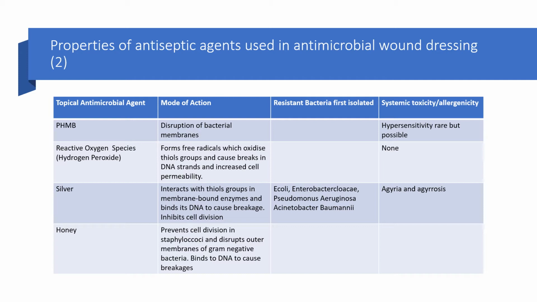It has got some question around systemic toxicity, and certainly in larger areas like burns, you can get argyria and argyrosis. And then honey prevents cell division in staphylococci and disrupts outer membranes of gram-negative bacteria. It binds to DNA to cause breakages. Again, no resistance to bacteria has been isolated, and no systemic toxicity or allergenicity.